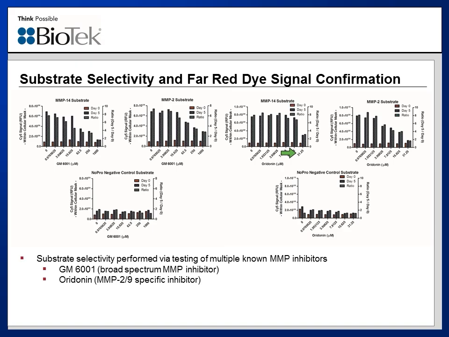And then finally, if we look at the results from the no-pro substrate with each compound shown by the two graphs here, we see that only low levels of signal are generated, which would indicate that the substrate is not being cleaved in any appreciable manner.